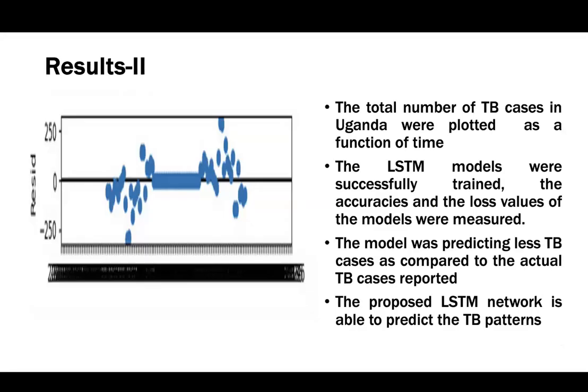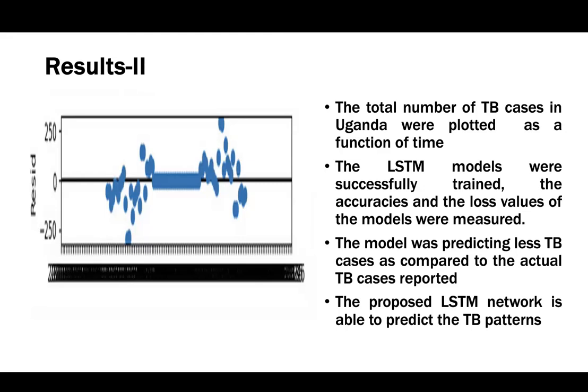We proceed. So this is what our results are saying. We have the total number of TB cases in Uganda plotted as a function of time, as you see in our graphs. On the x-axis, we have the time in weeks, because for Uganda, data is captured on a weekly basis and sent through DHIS2. Then the LSTM models were successfully trained, and the accuracies and loss values of the models were measured.